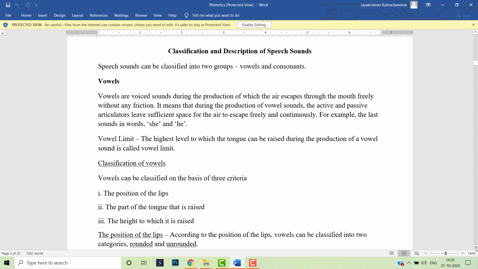It means that during the production of vowel sounds, the active and passive articulators leave sufficient space for the air to escape freely and continuously.